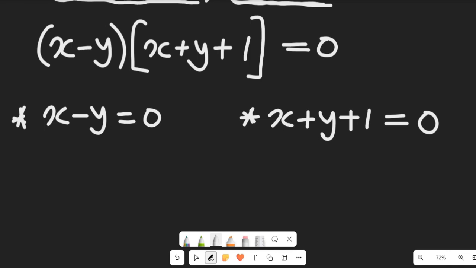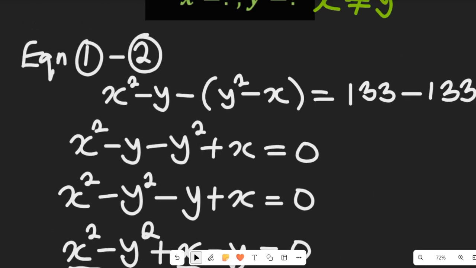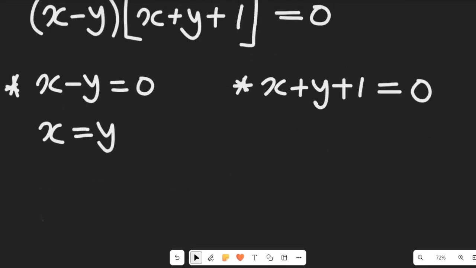So from here, we'll come to see that x is equal to y. And remember that the question says x must not be equal to y. So in this regard, this will not be a solution.